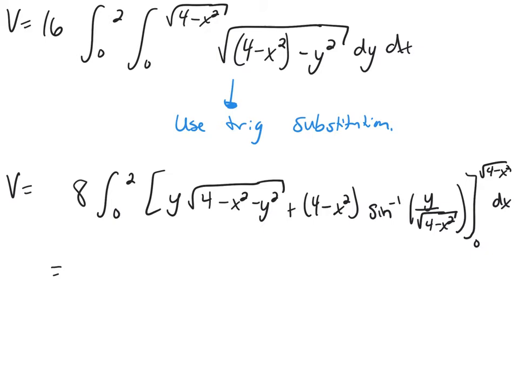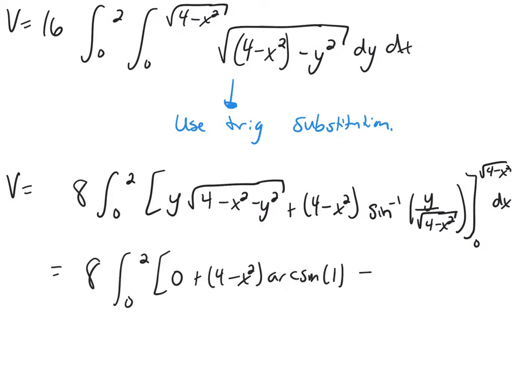So now you're going to plug in top bound minus bottom bound. So 0 plus 4 minus x squared times arcsine of 1 minus, if I plug in y equals 0, I'll get 0 there. And then sine inverse of 0 is 0.